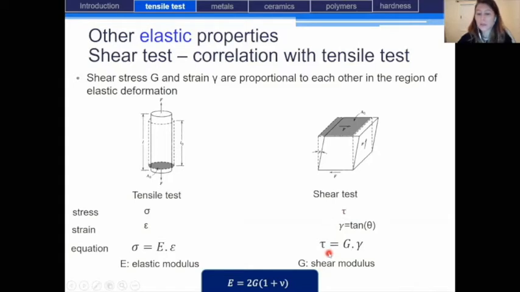In that case, we have this parameter of proportionality, which is called the shear modulus. In the case of the tensile test, we have the elastic modulus, and in the case of the shear test, we have the shear modulus, which is G. There is a relationship between the elastic modulus and the shear modulus, and here you can recognize this parameter, which is Poisson's ratio.